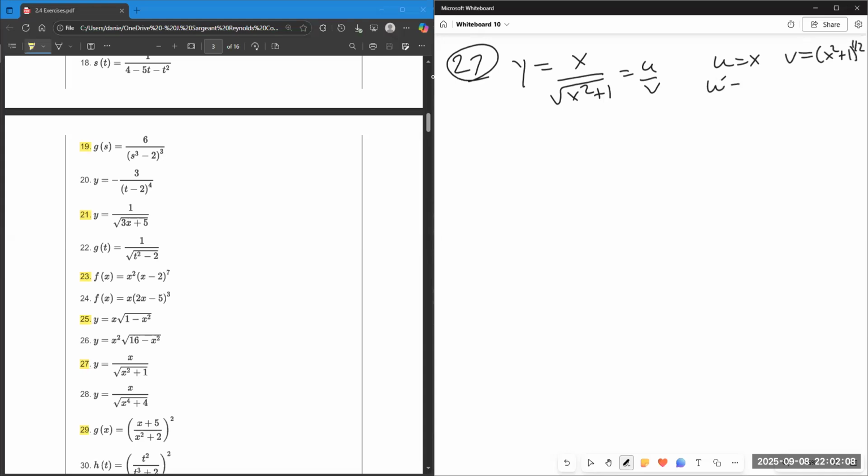So u prime is 1, v prime is 1/2 x squared plus 1 to the negative 1/2 times the derivative of the inside is 2x. So 1/2 of 2 will become 1, making my v prime equal to x over square root of x squared plus 1.